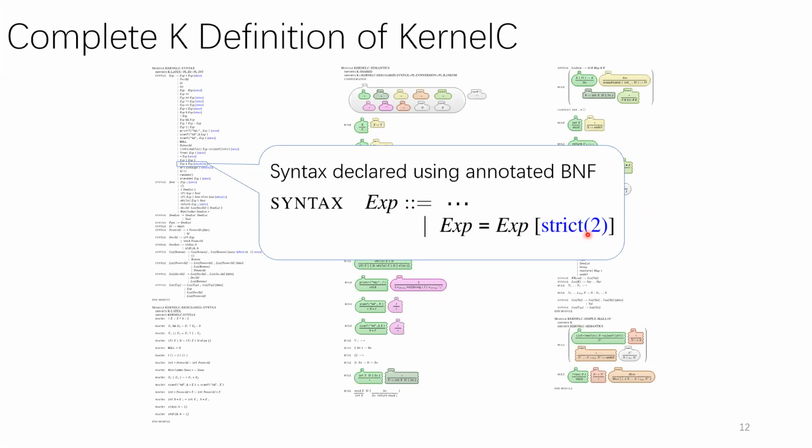The strict(2) annotation states that the assignment is strict in the second argument. That is, that argument needs to be evaluated first. So the semantic rule of assignment, which we discuss shortly, can then assume that the second argument is already a value. This is the way that we define syntax in K using the conventional BNF notation.